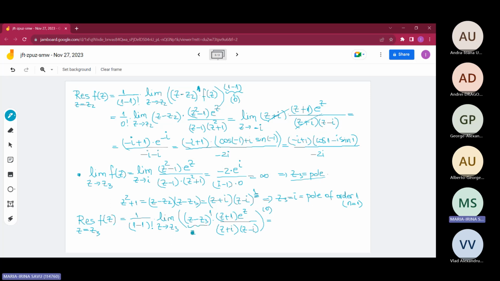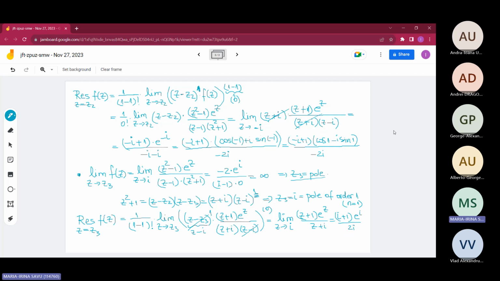So you have a simplification of this one with this one. So you have the limit when z goes to I of z plus 1 e at z over z plus I, which is I plus 1 times e at I over 2I. And I'm leaving this expression in this way.